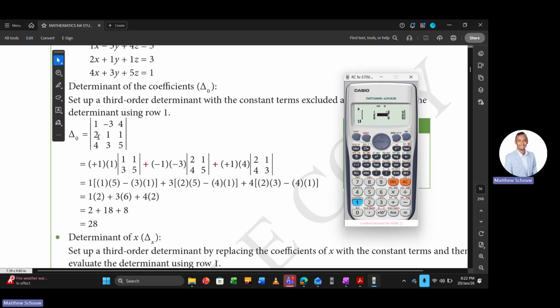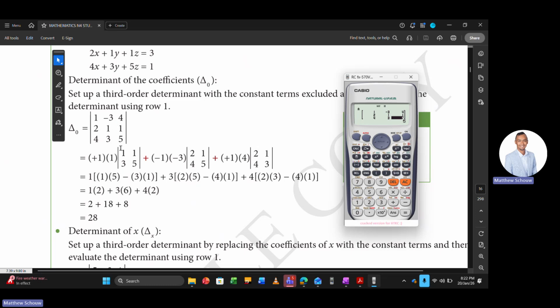Subsequently 1, 1, 4, 3, 5, right? Cool. Once that is done, you just go on to store that to matrix A. We go shift matrix number 7, shift matrix, and then you want to choose number 3. So remember, we stored that in number 3. Is equal, and we should get our determinant of 28.